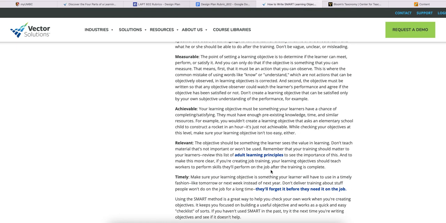It also should be relevant, and it needs to be time bound. Learning objectives must occur during the course of the learning event. They can't be predictive to the future. They can't be forecasted. These are things that you are checking for, you are observing, you are measuring to a certain degree during the actual learning event. That is your level 2 evaluation.